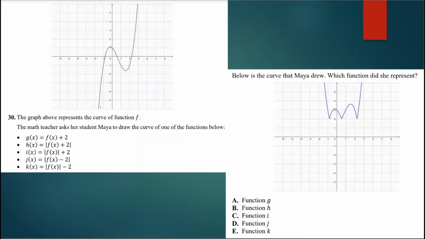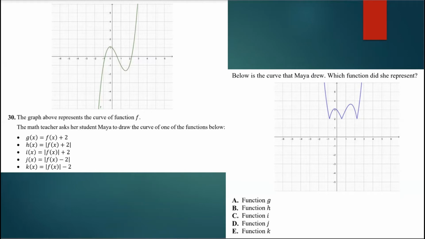Number 3, I have a function here. Oh, very big question. I thought two questions were the best. So, okay. The graph here is for a cubic. The math teacher asked her student Maya to draw the curve of one of the functions below. Maya drew this drawing. Which graph did you think she drew?